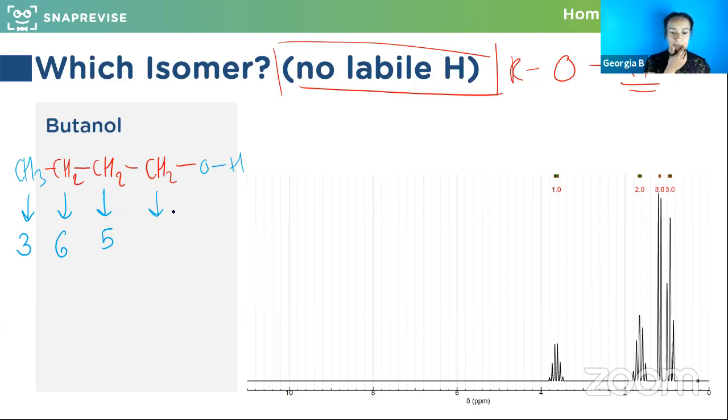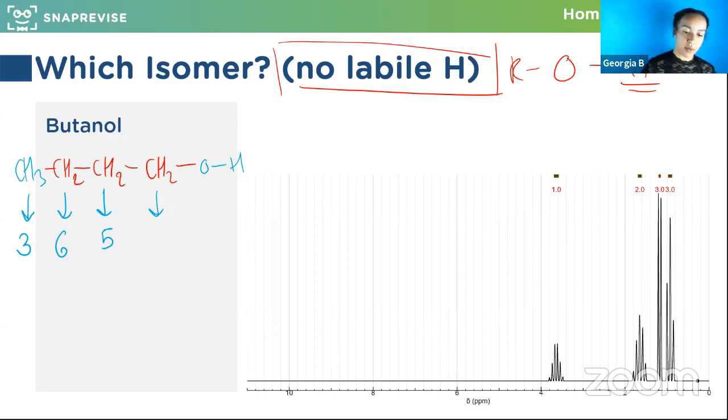What should the splitting pattern for this last CH2 be? Any ideas? What's my splitting pattern there? So Kang says 4.